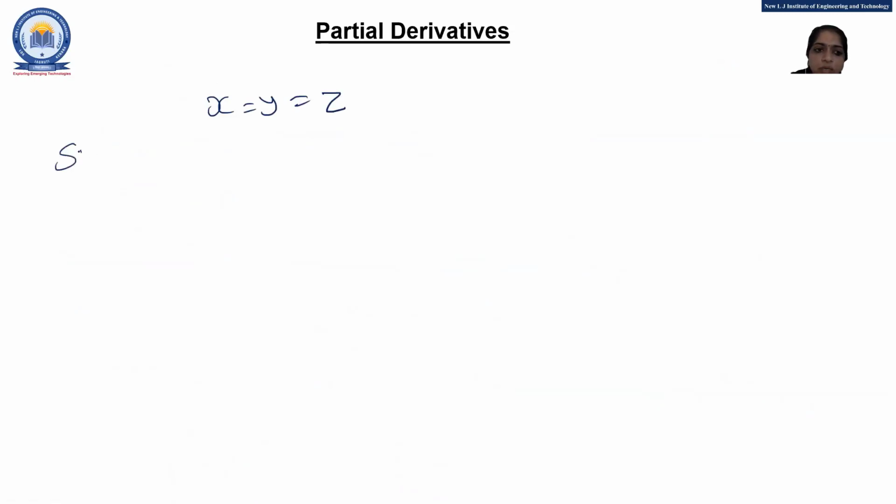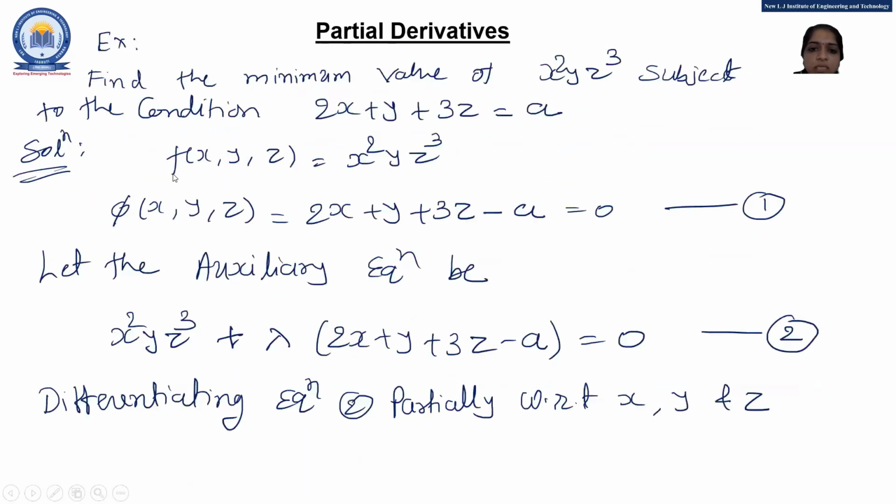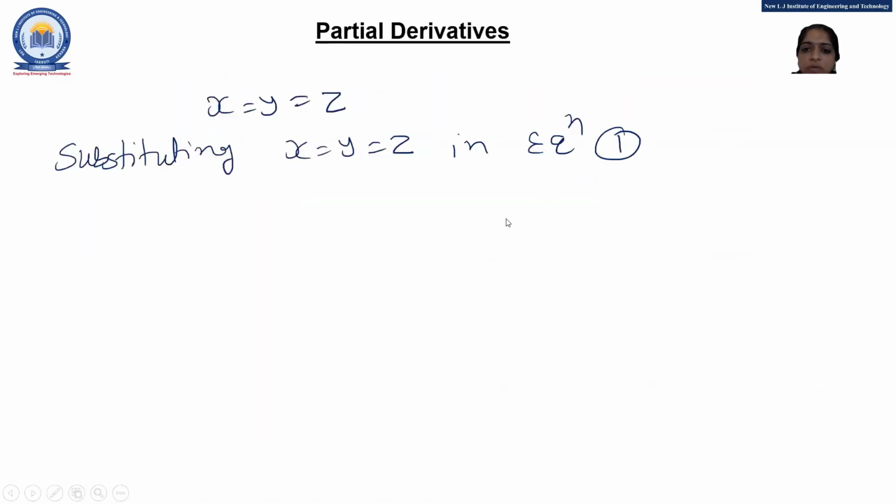So substituting x equal to y equal to z in equation 1. And what is our equation 1? Our equation 1 is 2x plus y plus 3z minus a equal to 0, which is our constraint. Here x, y, z are all the same, so I write y and z as x.